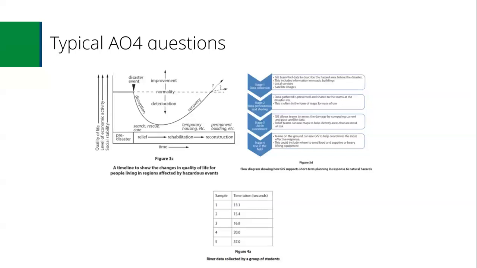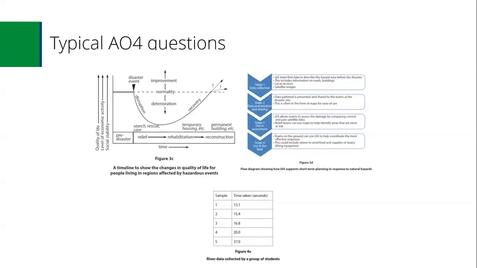Questions with AO4 marks require candidates to select, adapt, and use a variety of skills and techniques. Sometimes these are in conjunction with other AOs, as we spoke about earlier. For example, at the top, understanding of issues around managing earthquakes, risk and need, as well as interpreting GIS maps. Some require techniques like calculations, as in the second example you'll see shortly.